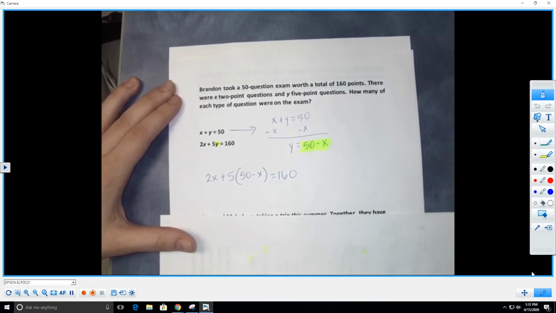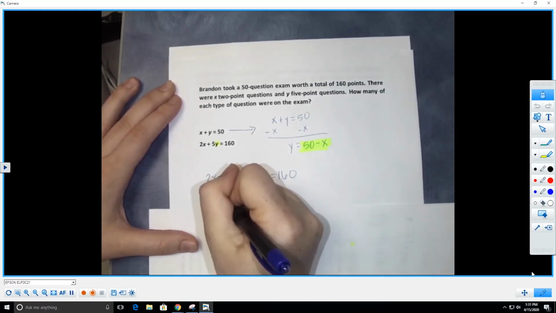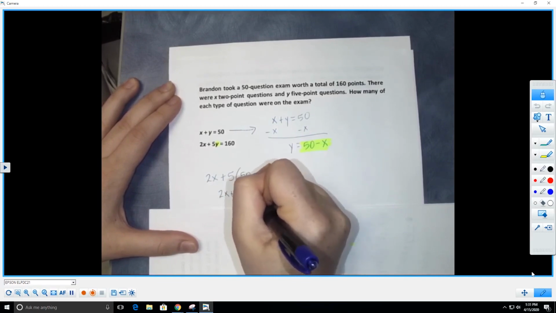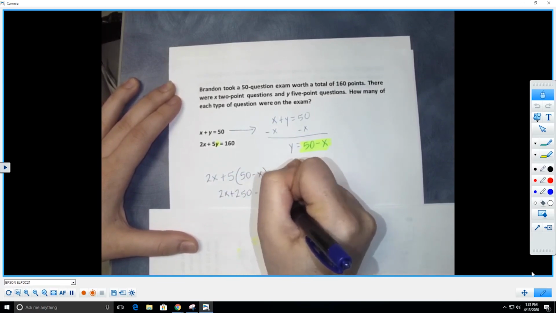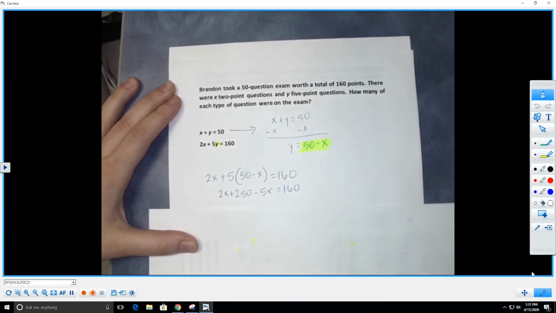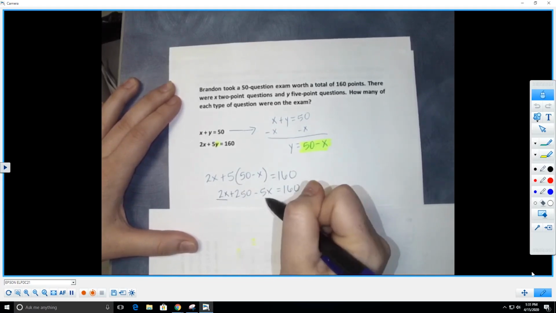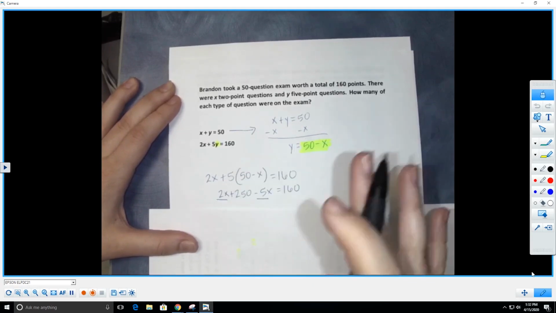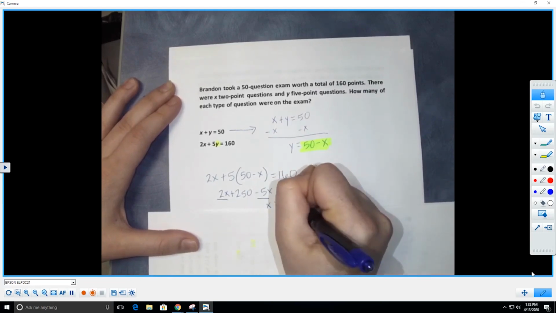So I'm going to simplify that and get 2x plus 250 minus 5x equals 160. Going to combine like terms, and I'm going to move 250 over all in the same step just for the sake of time. So I'm left with x equals 30.